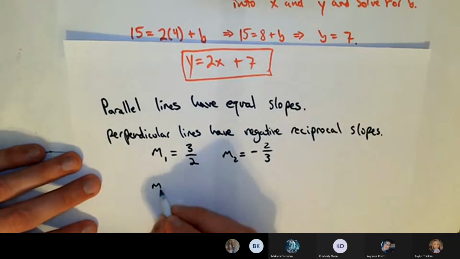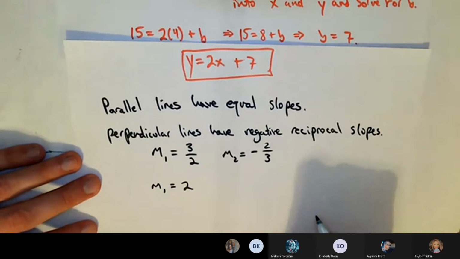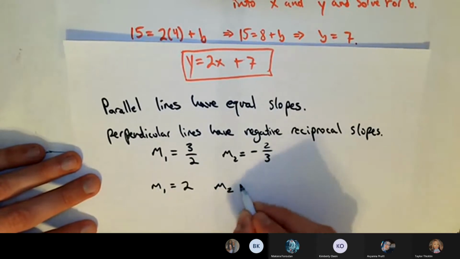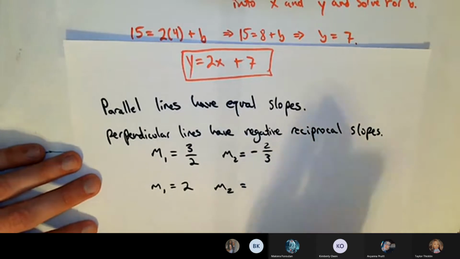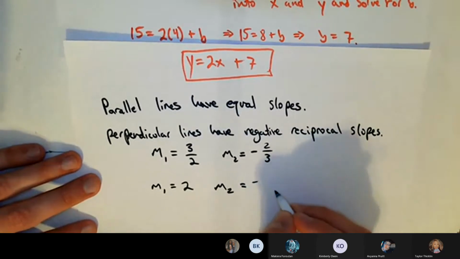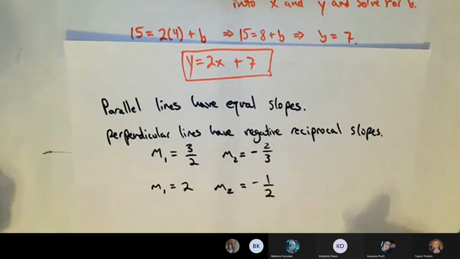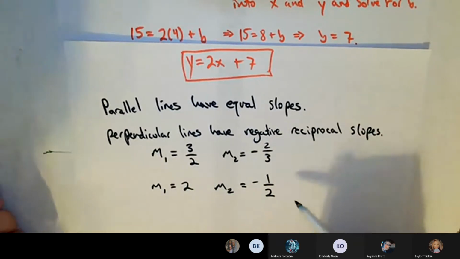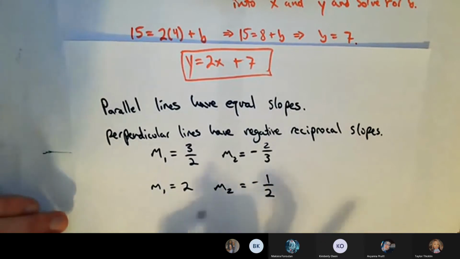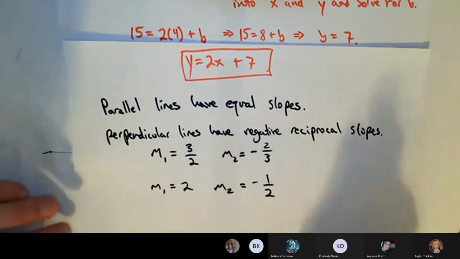Or as another example, if you've got a slope of 2, then a line with a perpendicular slope would have a slope of negative 1/2. And of course, if you start with a negative and then you negate it, then it'll end up being positive. The point is they should have opposite signs and they should be flipped.